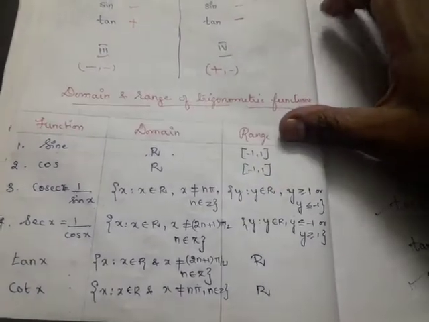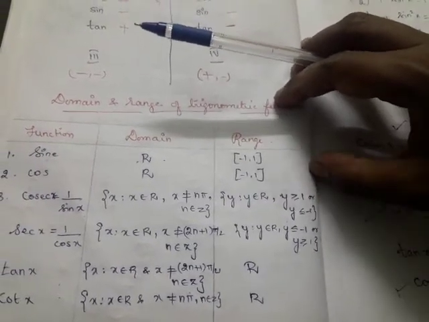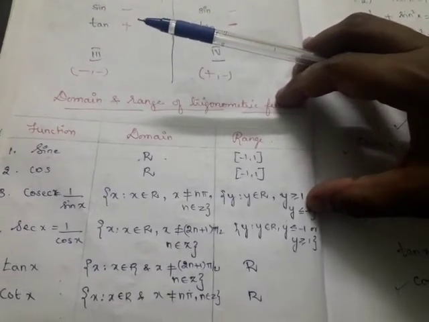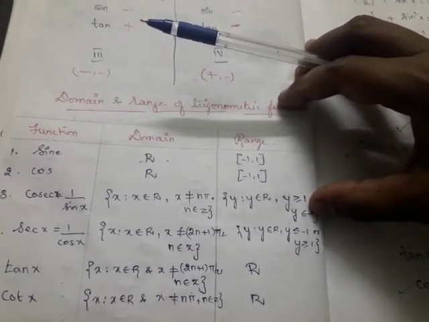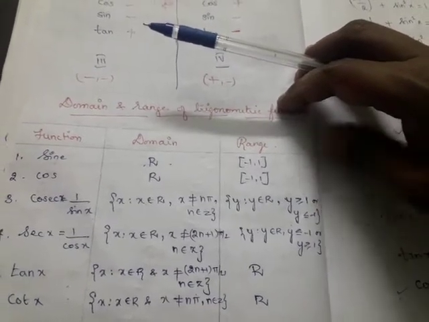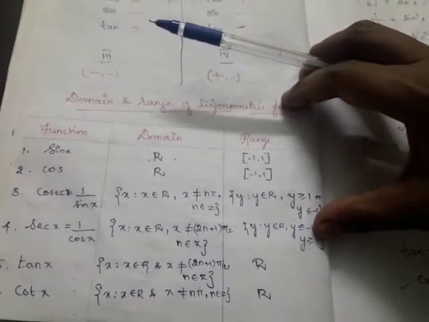The range is y should not lie between 1 and minus 1, so cosec and secant cannot take up the value 0 because the denominator cannot be 0.